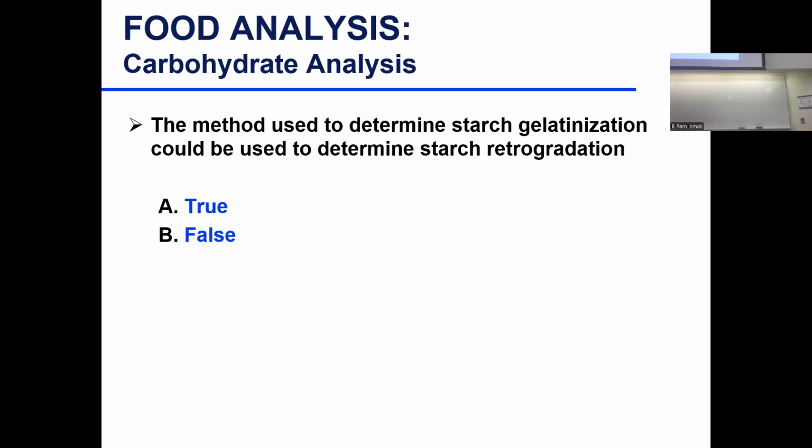All right. What's starch retrogradation then? The opposite. Well, retrograded starch is the crystallization of gelatinized starch. So raw starch, when you put water and heat, becomes gelatinized starch.